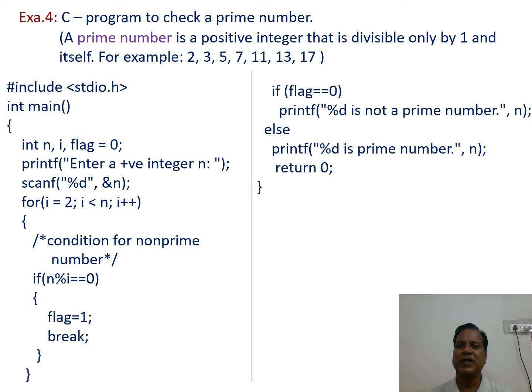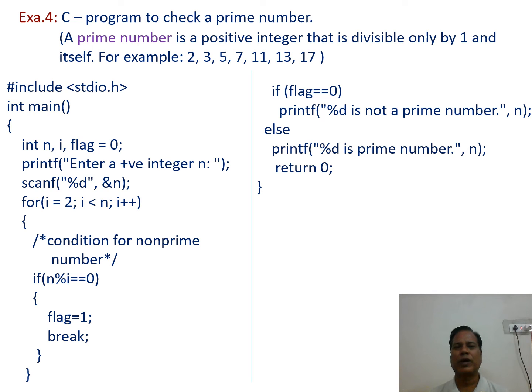If we do not get the remainder as 0, it means that the number is a prime number. In this way we can check whether an entered number is a prime number or not.